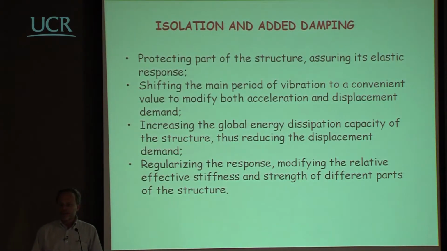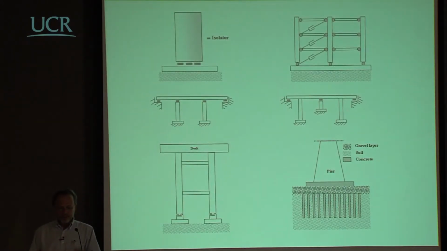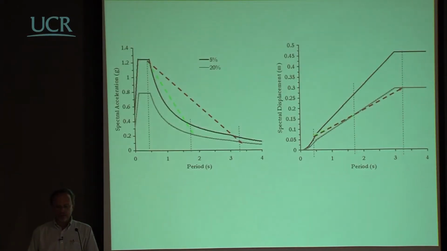This is something that I already said yesterday, talking about bridges, so I won't repeat it. These are just the purposes, and I was also discussing the fact that you can have a very large number of different ways of isolating a structure, but the key issue is that if you look in terms of acceleration, you can have a reduced spectrum because of an additional energy dissipation, and you have an elongation of the period of vibration, so you certainly are going to have a significant reduction in terms of applied force.